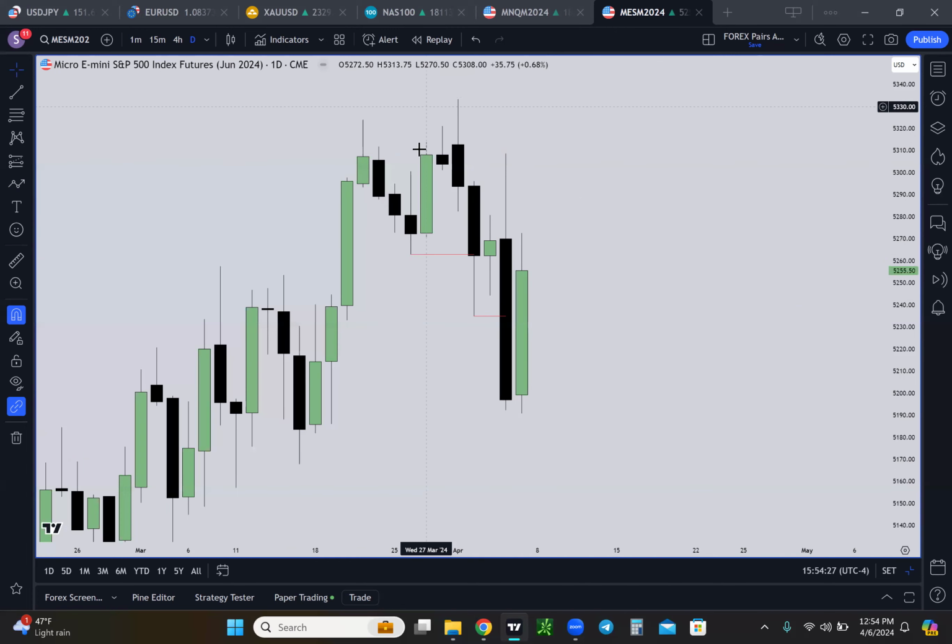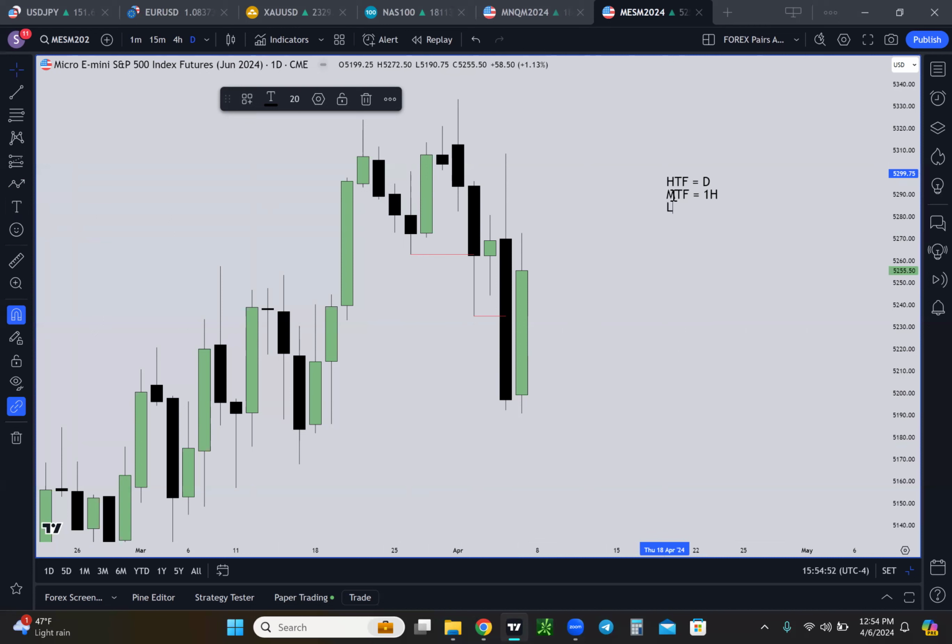So now that I've got some clear definition here on the daily chart, I'm going to use that as my highest time frame. Now let's talk briefly about time frame alignment. My HTF, higher time frame, is the daily. My medium time frame is the 1 hour.